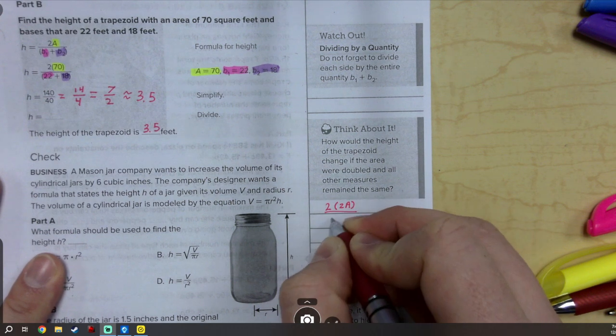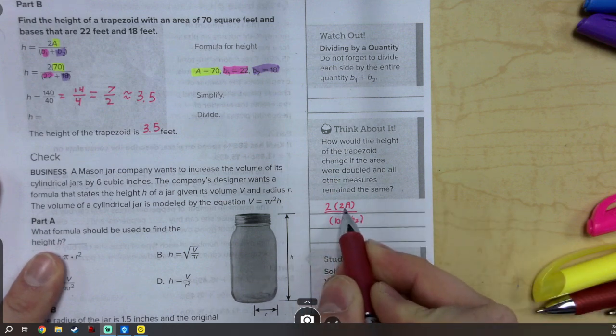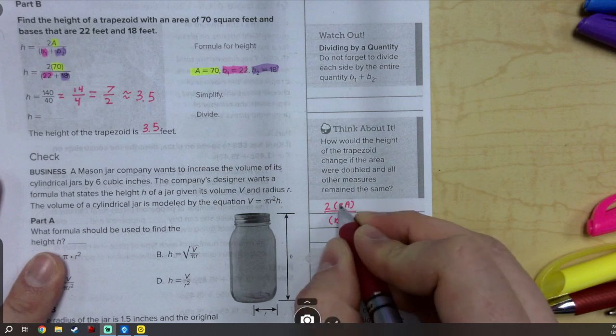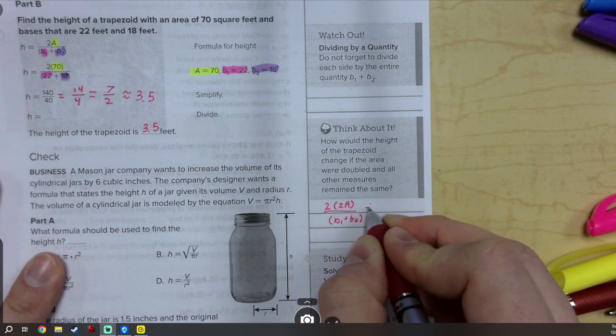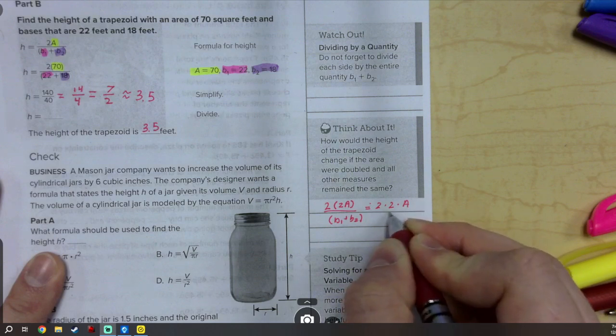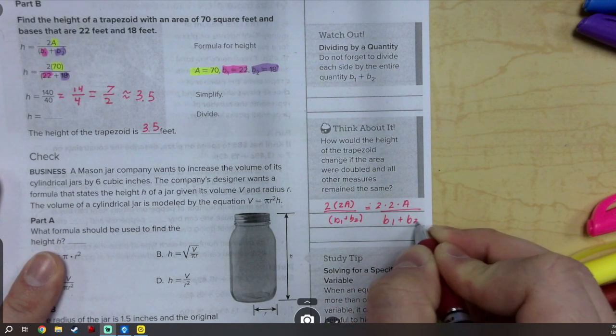2A over our B1 plus B2. By doubling the area, this is the same as saying 2 times 2 times A over B1 plus B2.